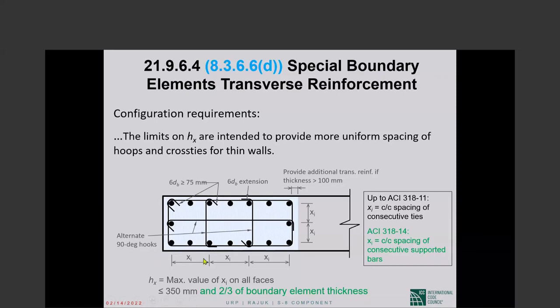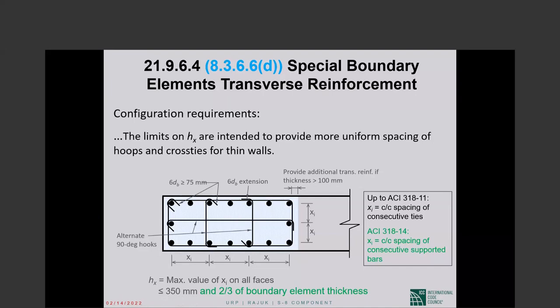The maximum spacing center to center between any two supported bars is 14 inches, 350 millimeters. And the maximum clear spacing between a supported bar and an unsupported bar is 6 inches. The every-other-bar lateral support and the 6-inch clear spacing are required irrespective of anything.